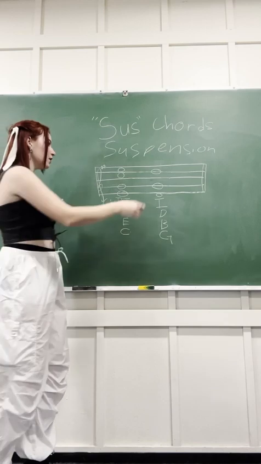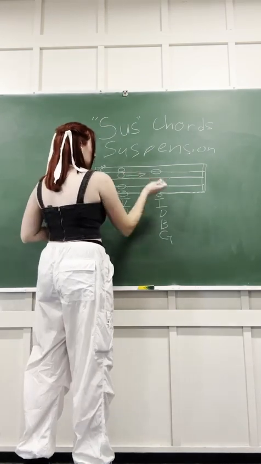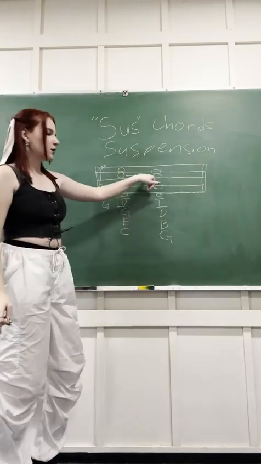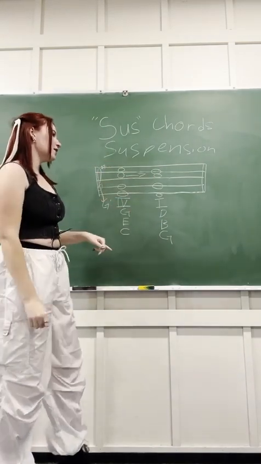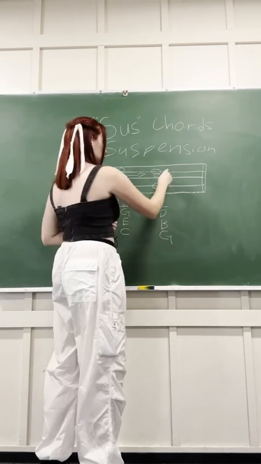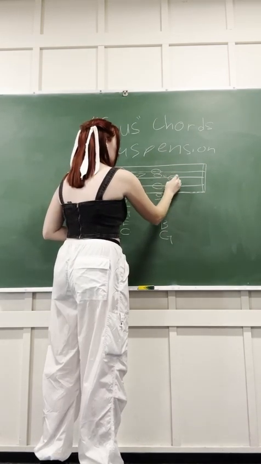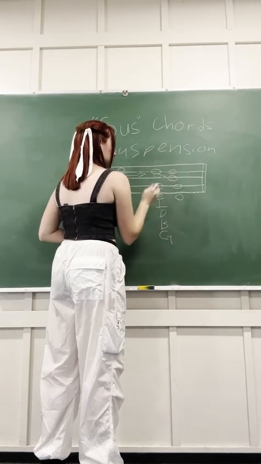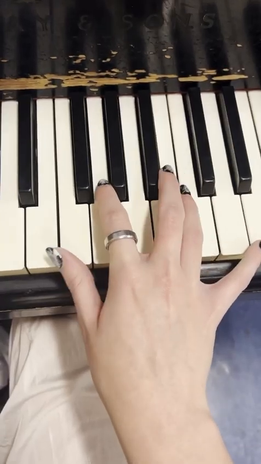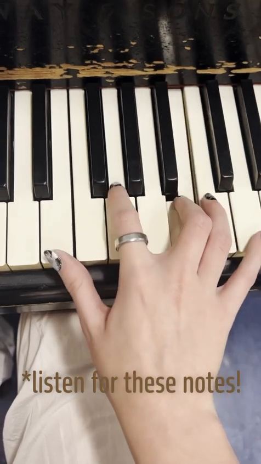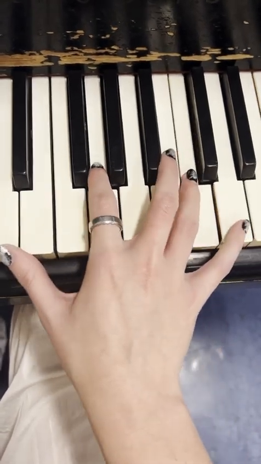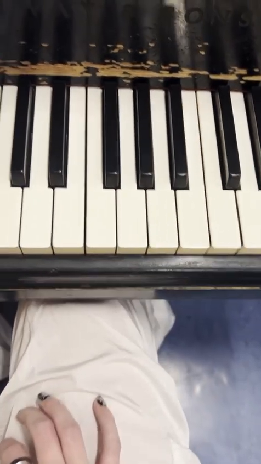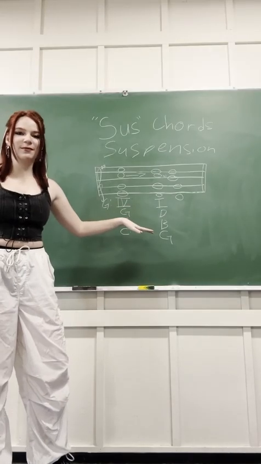Well, you can keep this C, carry it over here, like that, so it stays, and then after like a beat or so, resolve it down so that we've got a fully voiced G. Does that make sense? That's what we mean by suspension.